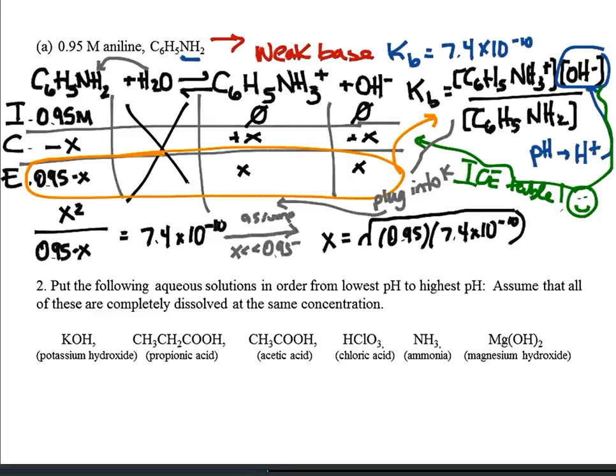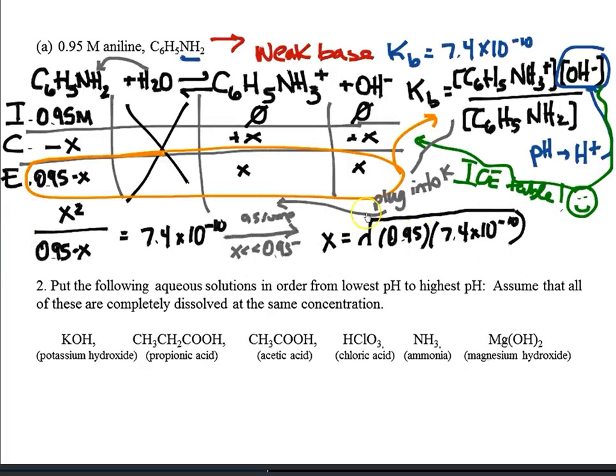We're going to assume x is negligibly small compared to 0.95, just like we did for part A. That's a reasonable assumption since Kb is 7.4 times 10 to the minus 10. That's a very small number. Our assumption here reduces this denominator to 0.95.